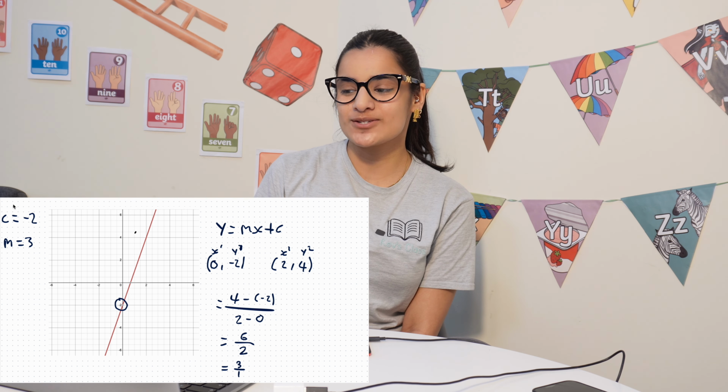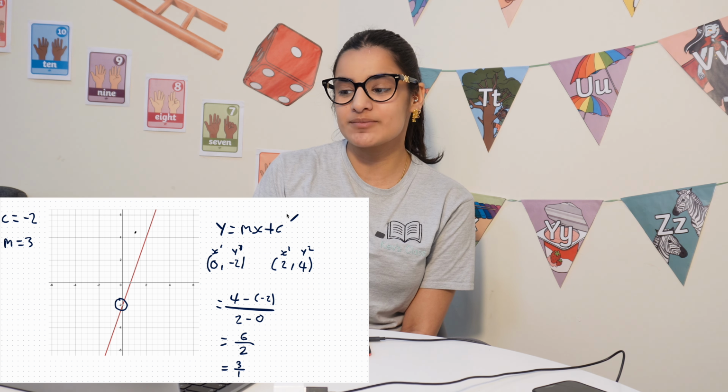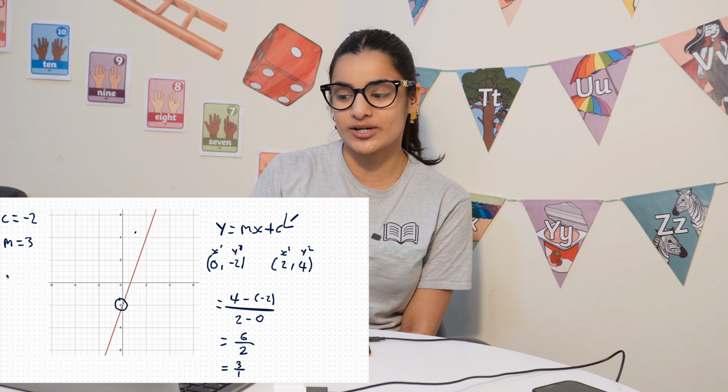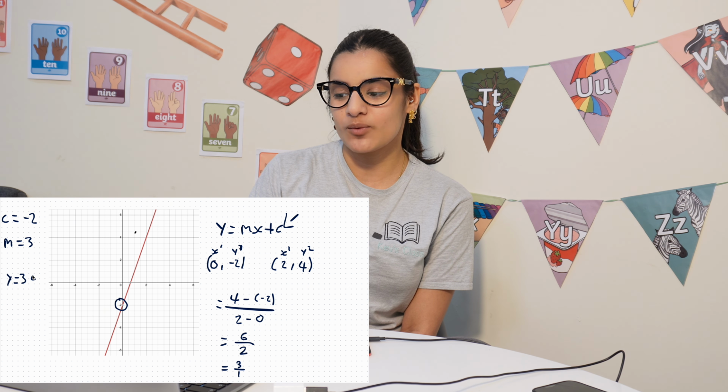Now that I have the values of my gradient and my y-intercept, I can input this into my straight line formula, which is y equals 3x minus 2.